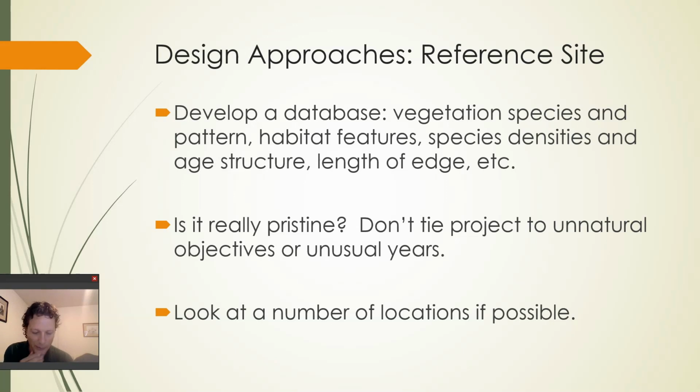So for example, maybe you've observed a site near your restoration area and you happen to observe it on a year where there's a ton of snow or a ton of water, and you think, great, that's the hydrology that we want to mimic, but it just happens to be a really wet year.